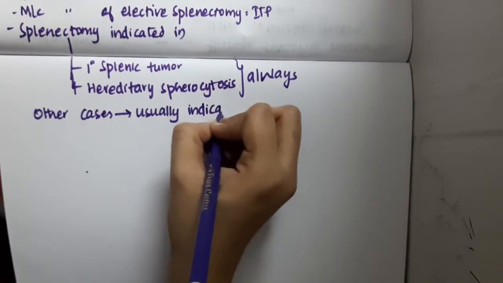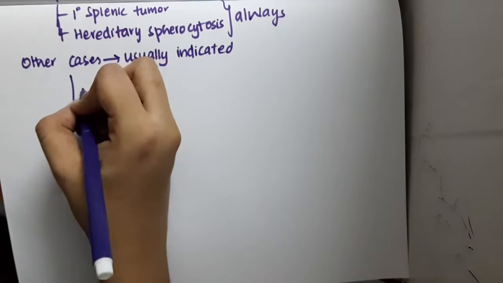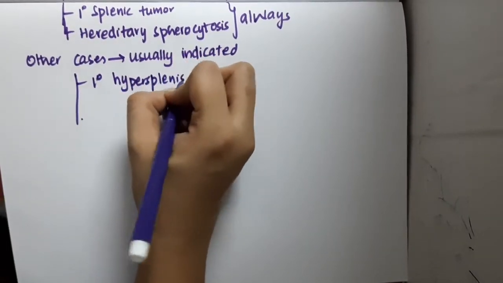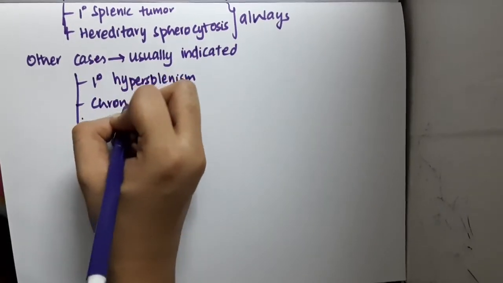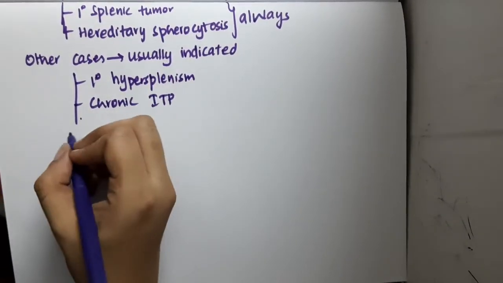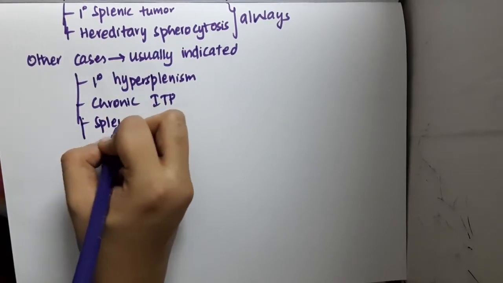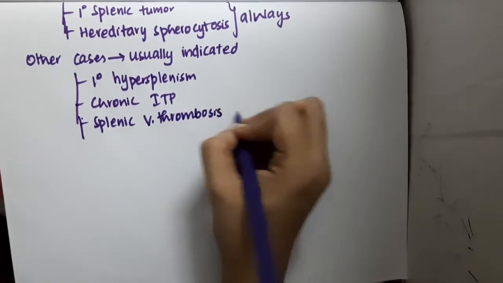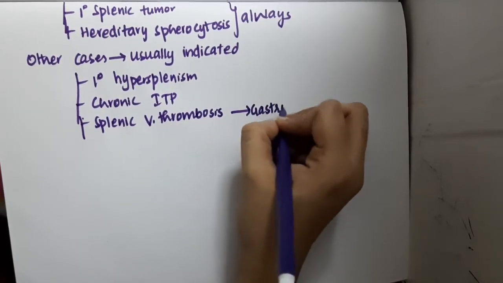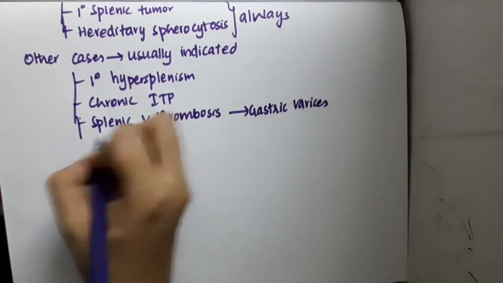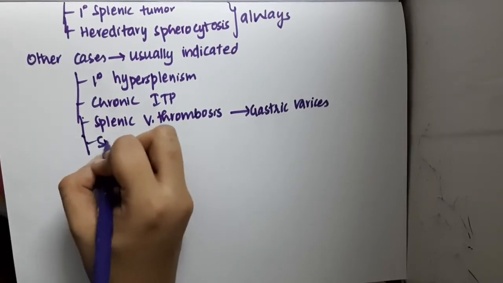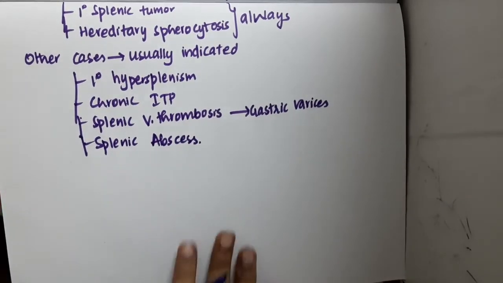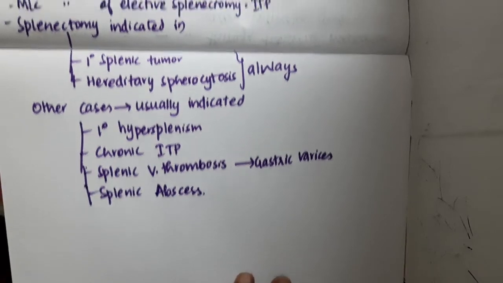It is usually indicated in primary hypersplenism, then chronic idiopathic thrombocytopenic purpura, then splenic vein thrombosis leading to gastric varices, then splenic abscess. So these are the cases where splenectomy is usually indicated.